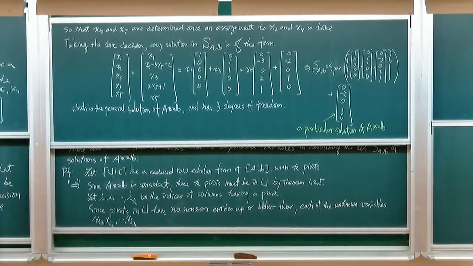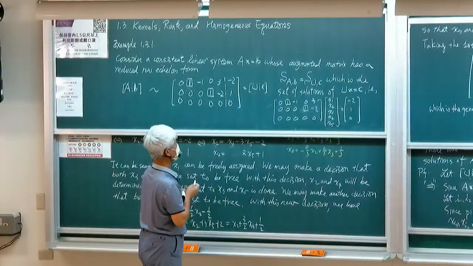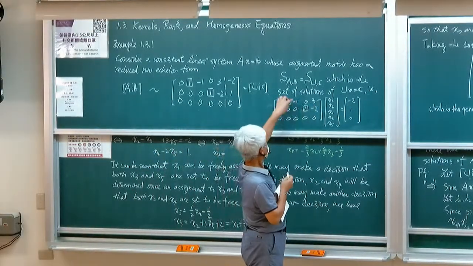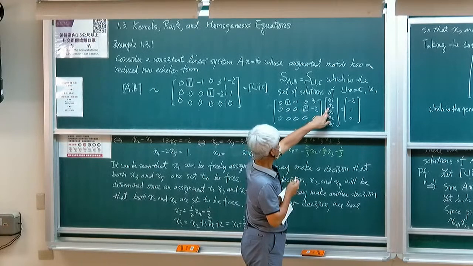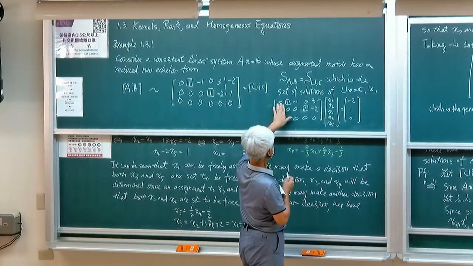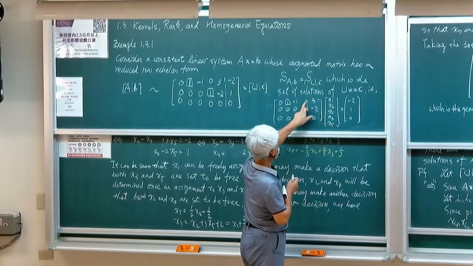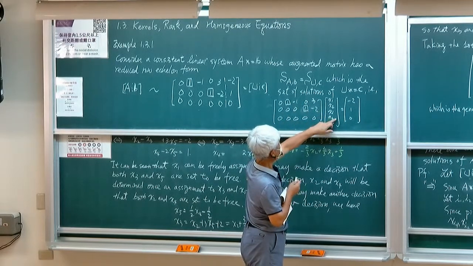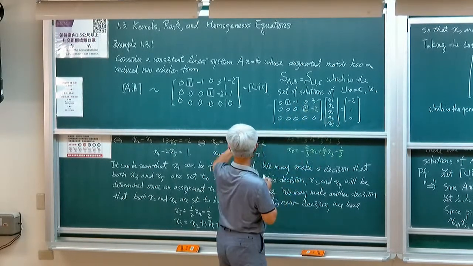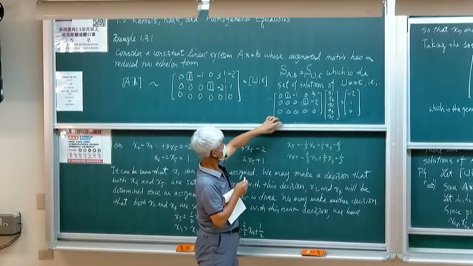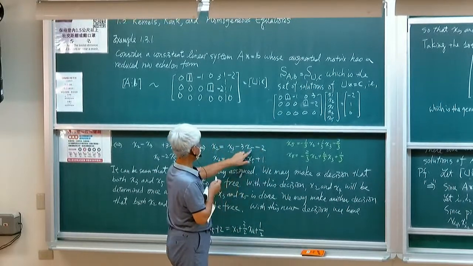So the x2, when we multiply, because this is 0, the x4 is not in the relation here. So x4 will not appear here.